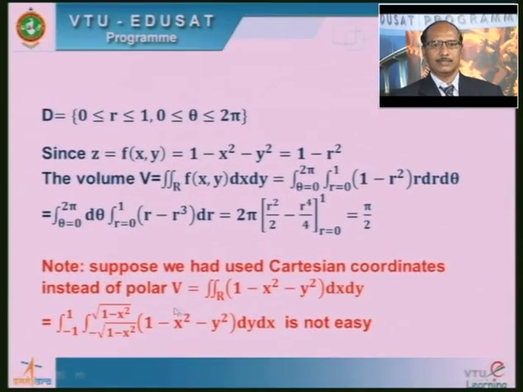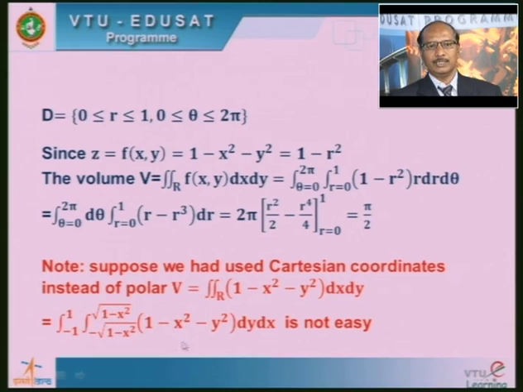So, this is our volume double integral. We need to integrate first with respect to y, then substitute these limits, still a complicated expression, then integrate with respect to x, then substitute this.